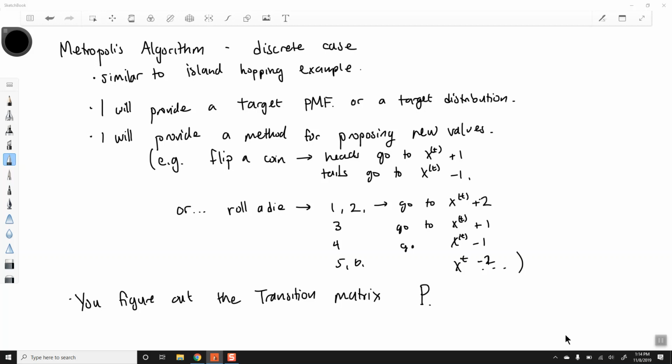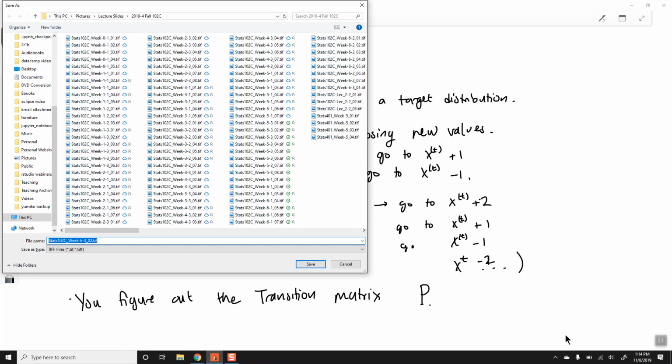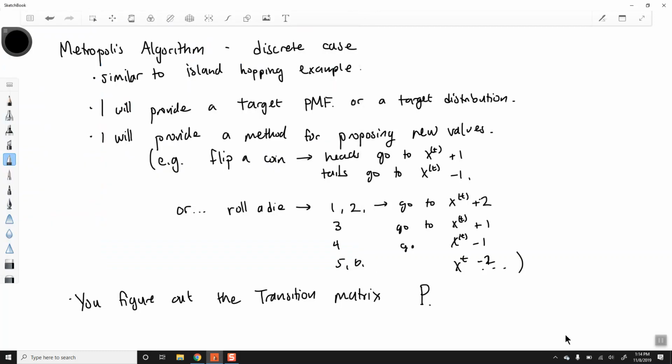Okay, so you figure out the transition matrix P, and then I will provide kind of a current distribution at time, say t, okay?